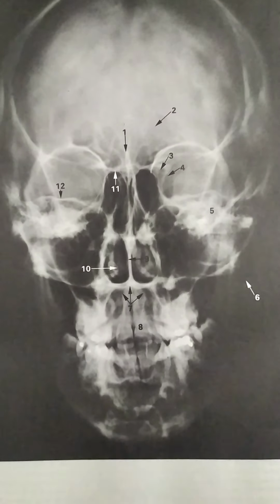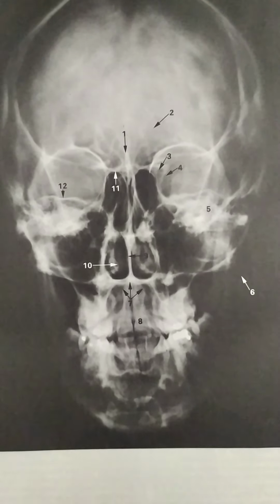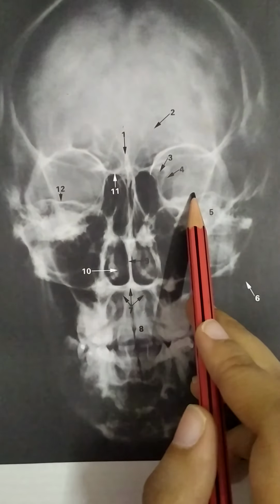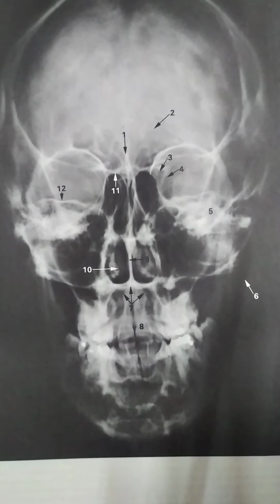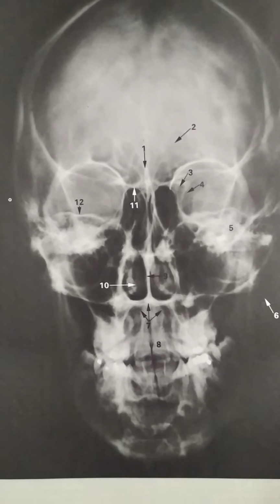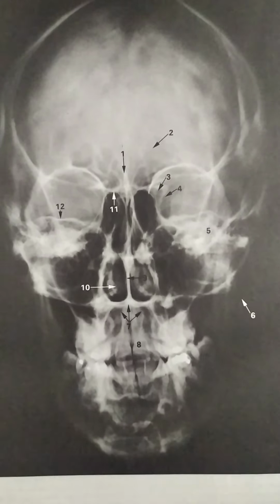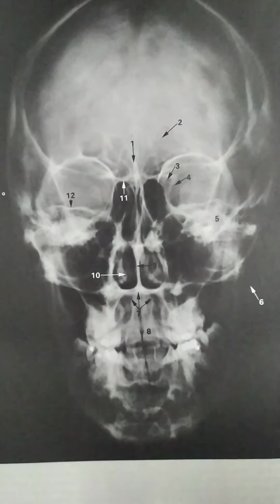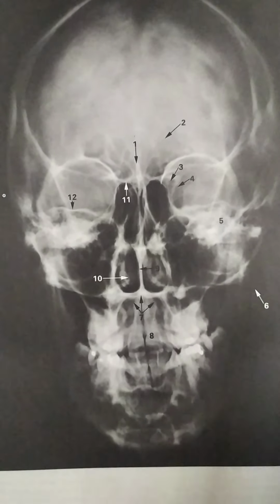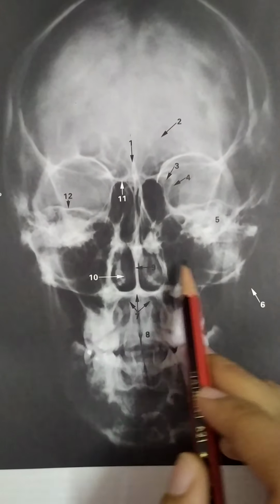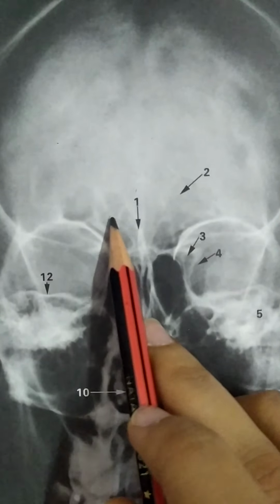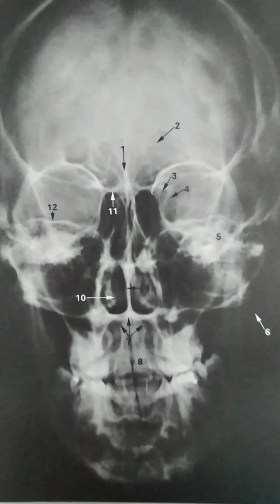This should be very clearly known to each one of you, that these orbits do not correspond to the maxillary air sinuses. Again, I'm repeating. These orbits are often misunderstood as the maxillary air sinuses, but actually the maxillary air sinuses will lie below them, and above the orbits will lie the frontal air sinuses.